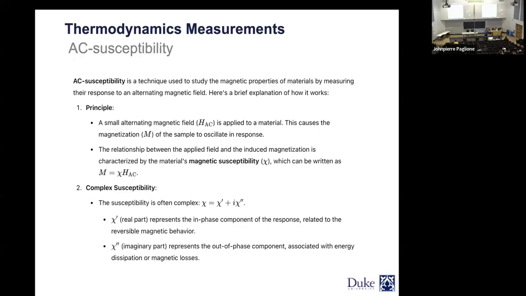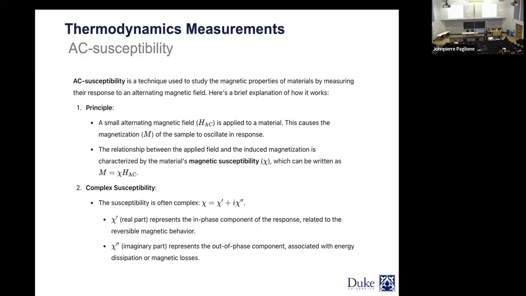Now, for AC susceptibility, because you're dealing with an AC field, you're going to have two components. You're going to have a real component, and you're going to have an imaginary component of the AC susceptibility. These two components are going to be key when we are trying to understand if a system stays dynamic, or if it freezes, or if it orders.